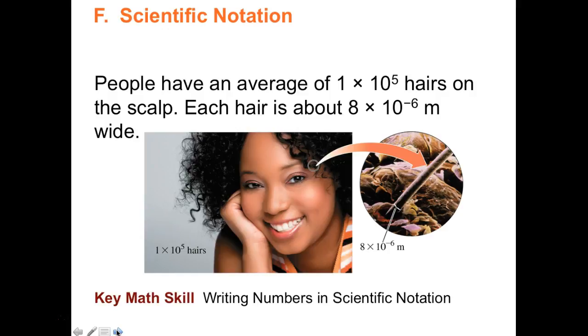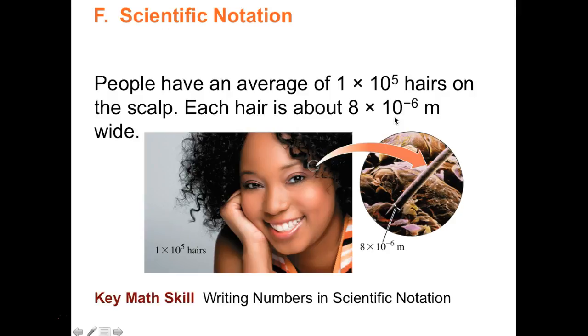Scientific notation. If you have a number which is much greater than 1, like here, or much less than 1, then you can write it in what is called scientific notation. Writing a number in scientific notation means you have a coefficient followed by an exponent.